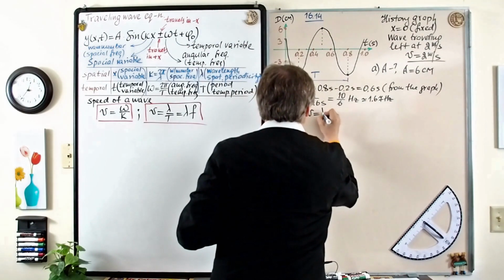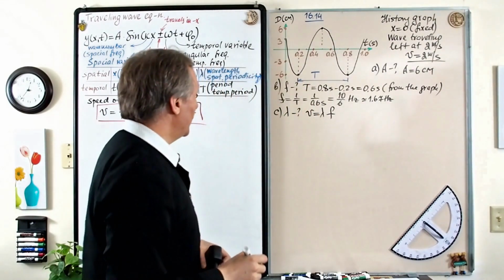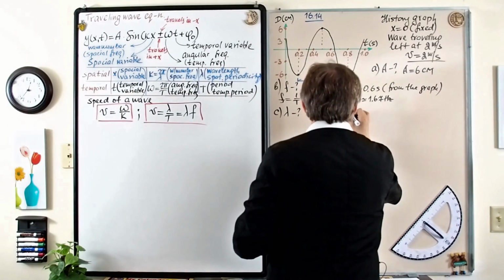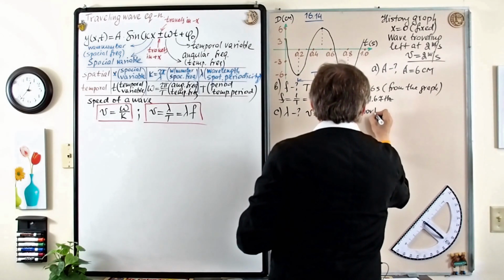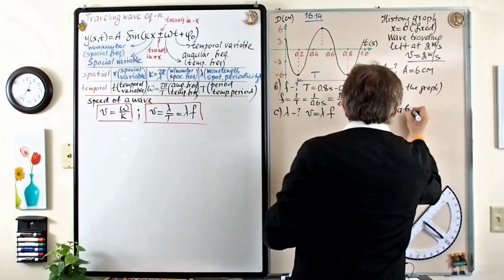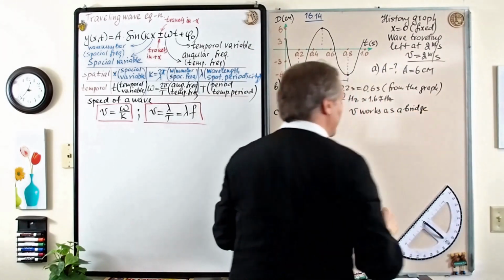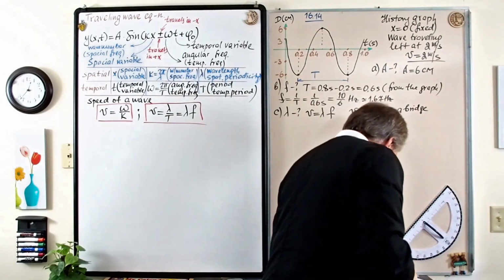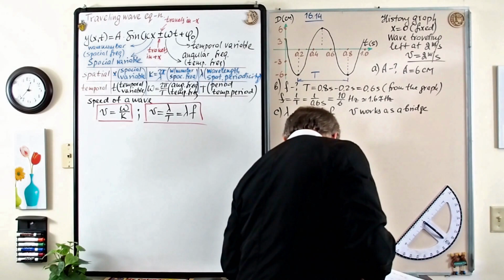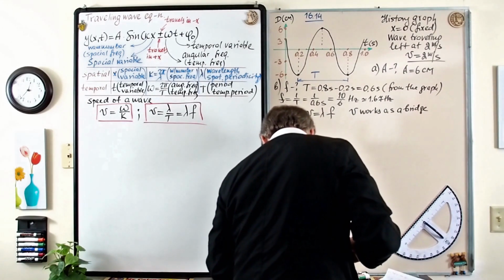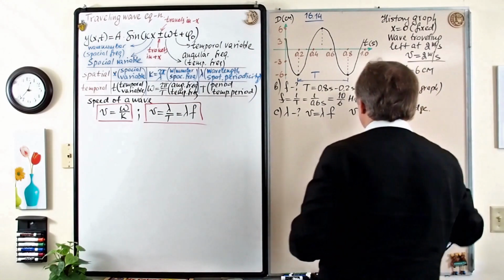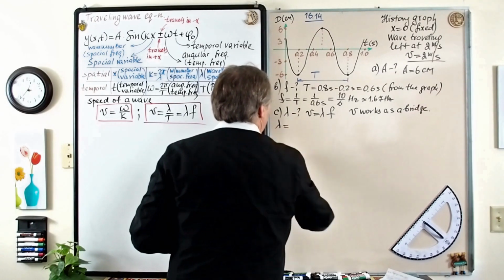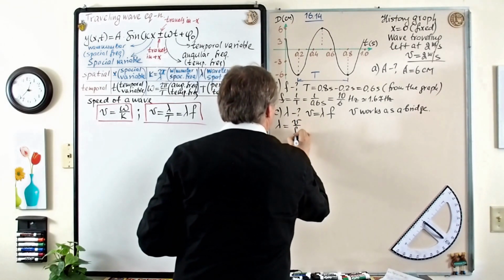V equals lambda F. V works as a bridge between the worlds. And so what we need to find? We need to find lambda. So let's write lambda equals V over F.